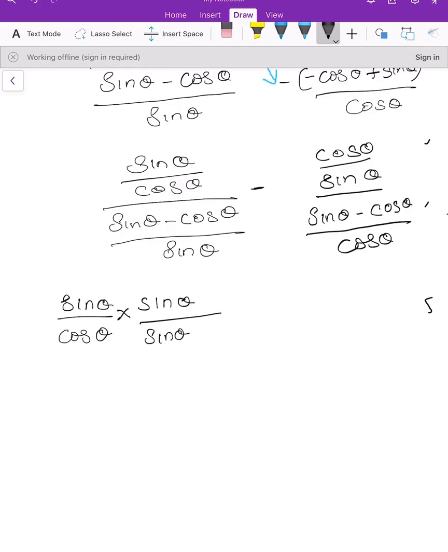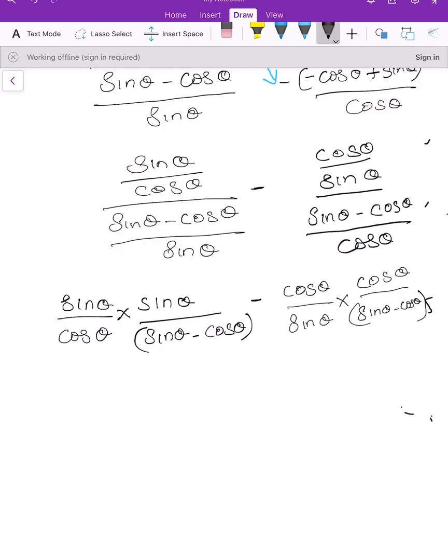This is how we do it when both numerator and denominator are fractions. Similarly, I am doing the same here. Cos theta by sin theta, I am writing as it is. I am putting a multiplication and reciprocating. This denominator will go to the numerator: theta by sin theta minus cos theta.